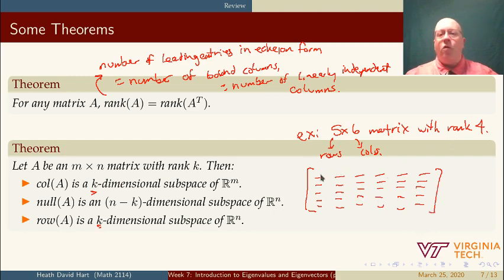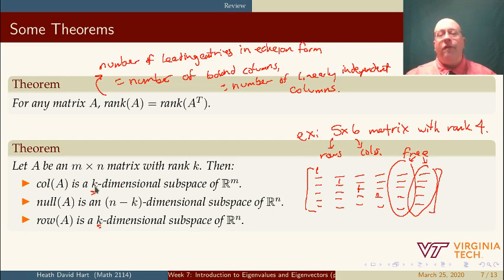And rank 4 means that 4 of the columns have leading entries in the echelon form, but 2 of the columns are free columns. Maybe not the last 2 columns, but 2 of the columns are free columns. In order to form a basis for the column space, I drop the free columns and keep the bound columns.